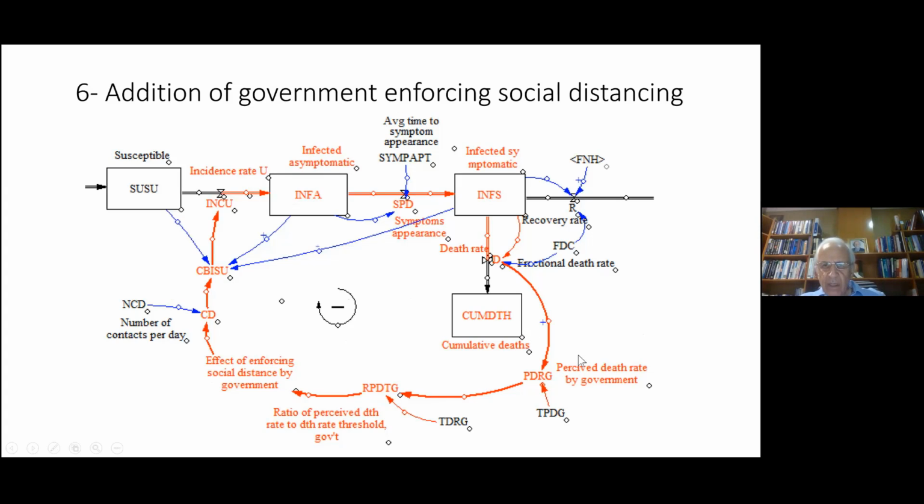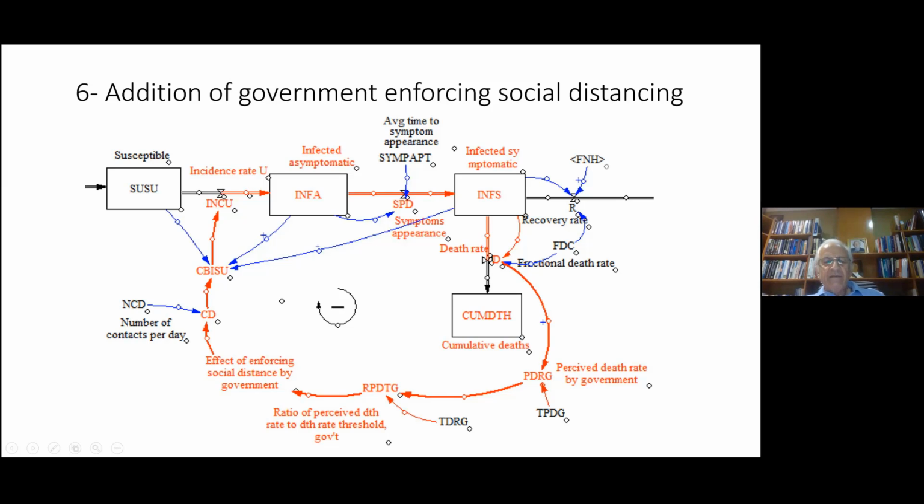When the death rate increases and perceived death rate goes up and the situation becomes critical, some governments intervene and enforce social distancing, and that would decrease the number of contacts, which will eventually decrease incidence rate, and that is another negative loop which can control incidence rate and eventually death rate and cumulative death.